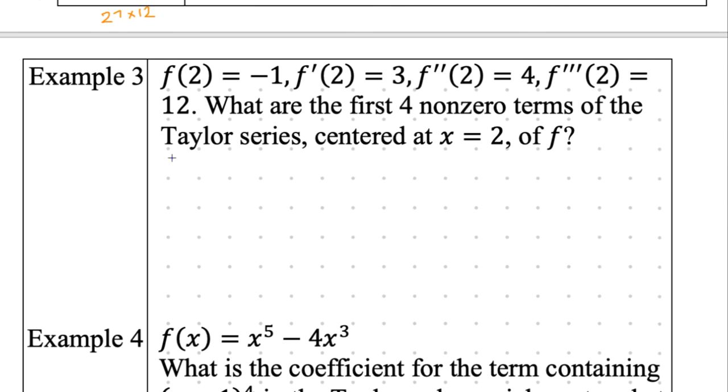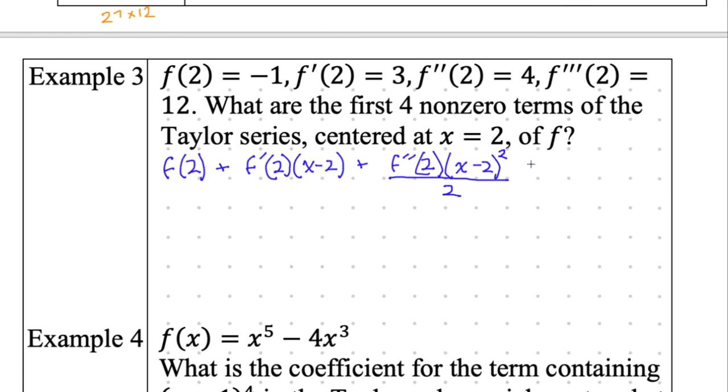Let's go ahead and write out the formula once again. You should practice writing out the formula because you're going to have to memorize this thing. It's first going to be f of a, and a is 2 in this case, so f of 2 plus f prime of 2, and divide by 1 factorial, so don't have to worry about it, times x minus 2, plus f double prime of 2 times x minus 2 squared all over 2.